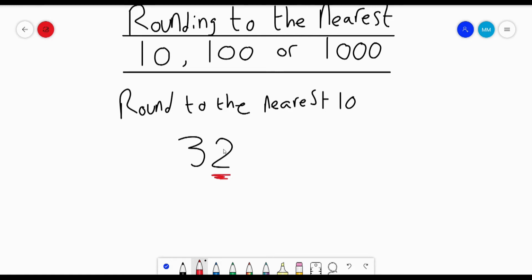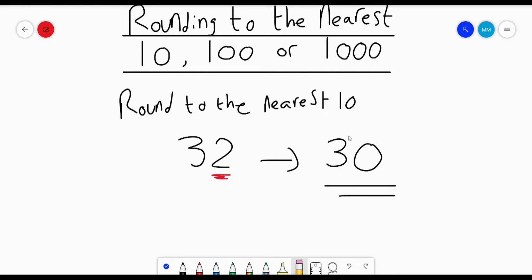Well, 2 is less than 5, so no. So when that happens, the 2 becomes 0 and the 3 stays. So 32 to the nearest 10 turns into 30.